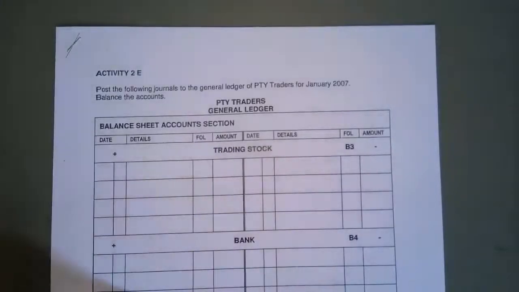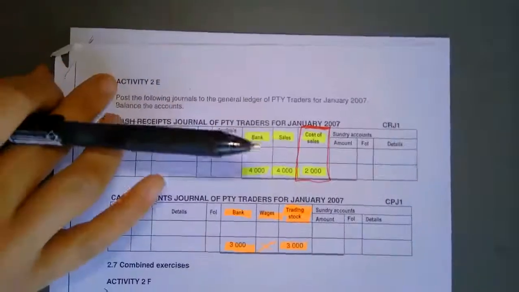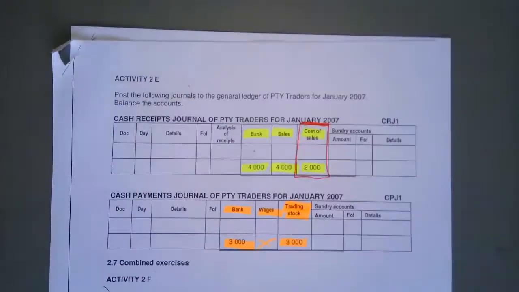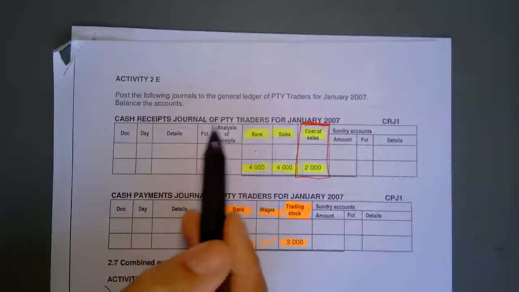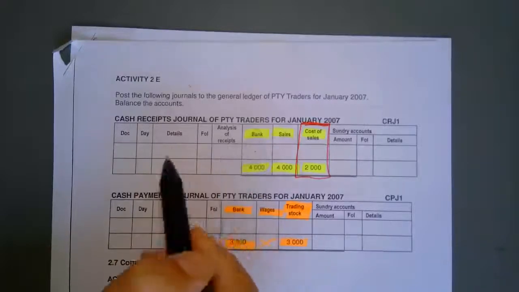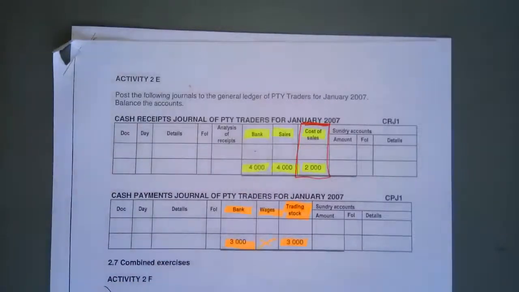So usually when they give you the journals and tell you to do the ledgers, they will give you the previous month's totals that are left in the accounts, and you can't throw that money away. You need to place it into the accounts.